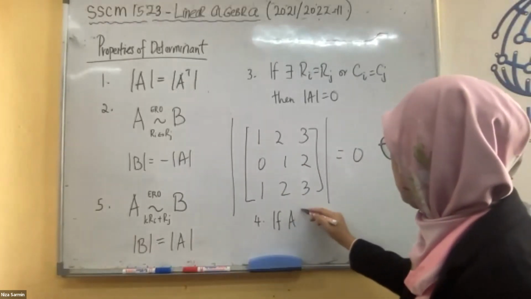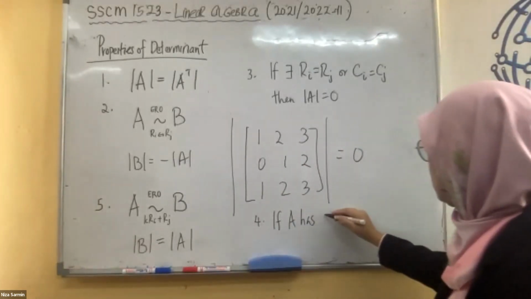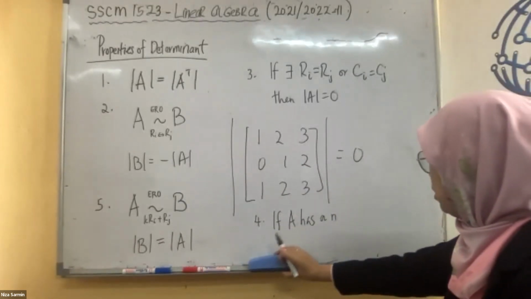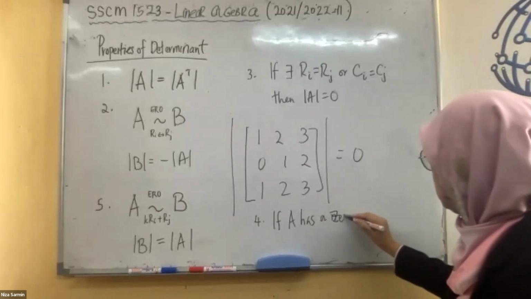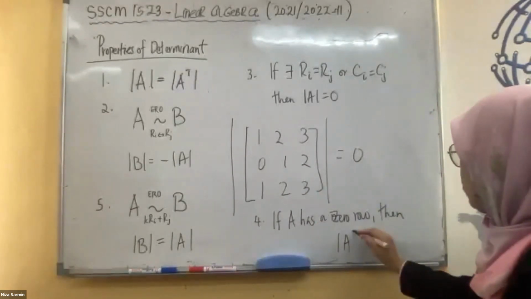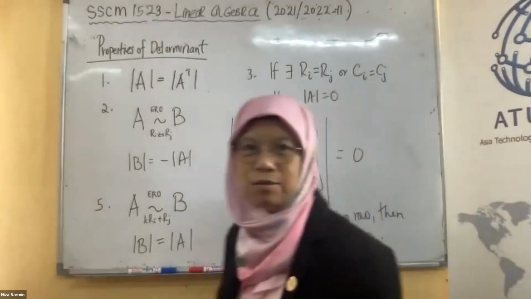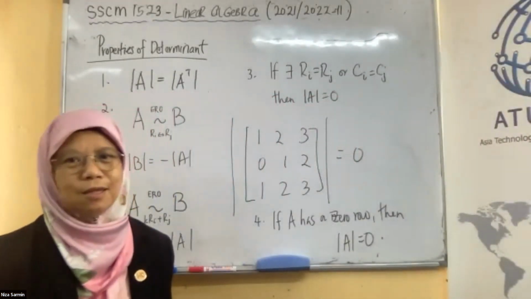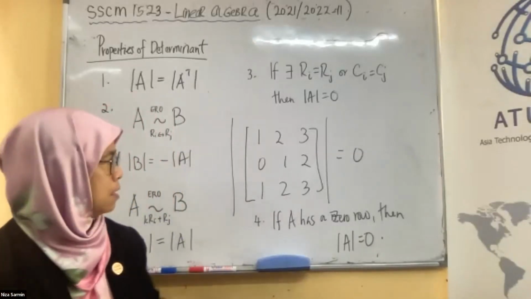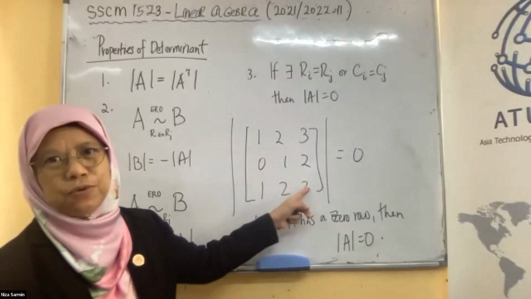If A has a 0 row or more, right? A 0 row, then of course, you just choose that to be the cofactor, and then they're all zeros. 0 times this plus 0 times this, okay? Then the same reason why this is 0.